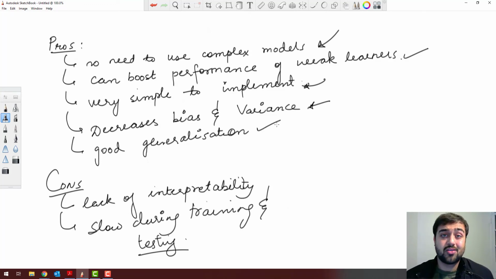Now the cons are again pretty similar, that there is a lack of generalization. It loses its structural integrity as well, and it is not very slow, but it's comparatively slow during training and potentially during testing as well, right? So these are a few of the pros and cons that are associated with Adaboost.